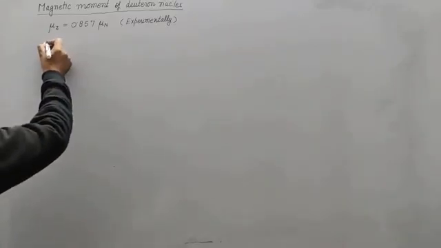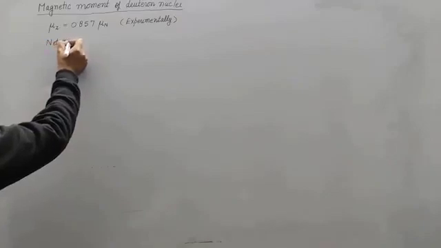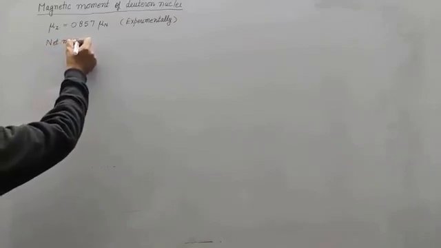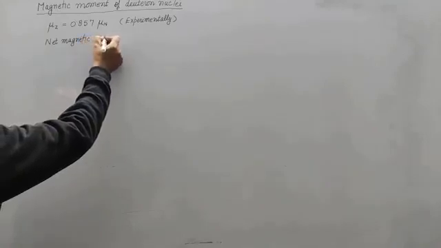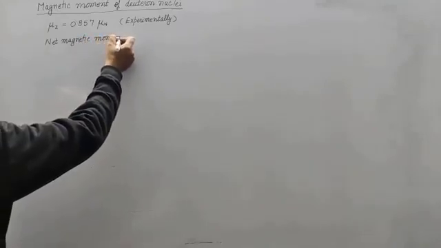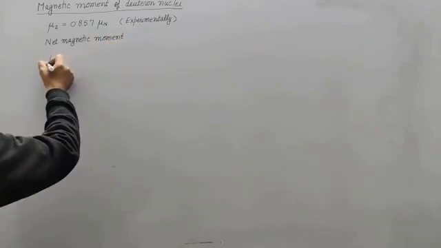So the net magnetic moment of the deuteron can be written like this. One can write the net magnetic moment of the deuteron nuclei, that will be mu z.